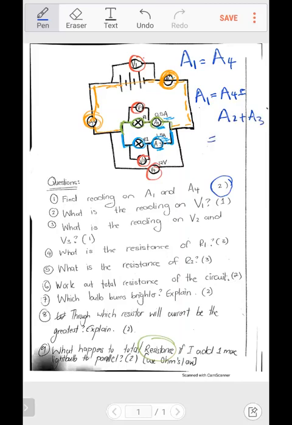What is A2 plus A3? A2 is 0.5, A3 is 1.5. And I'm going to get 2 amperes of current. Remember your units. Always remember your units. Okay, and I'm going to write my answer here for you guys. It's 2 amperes. What is the reading on voltmeter 1?